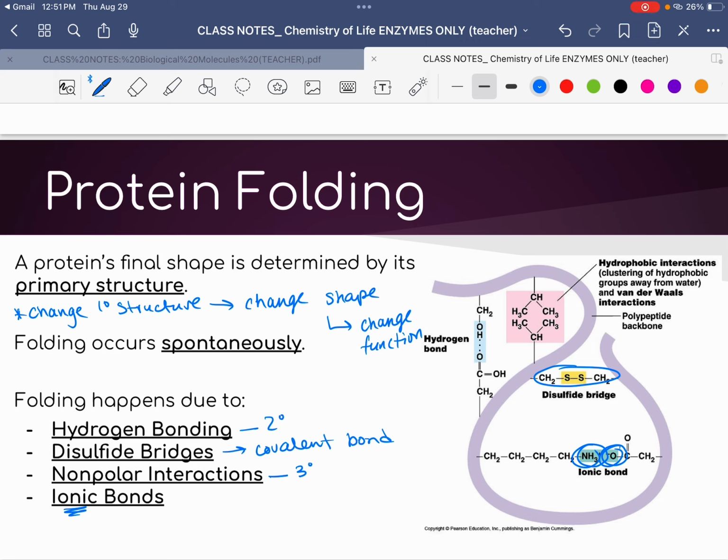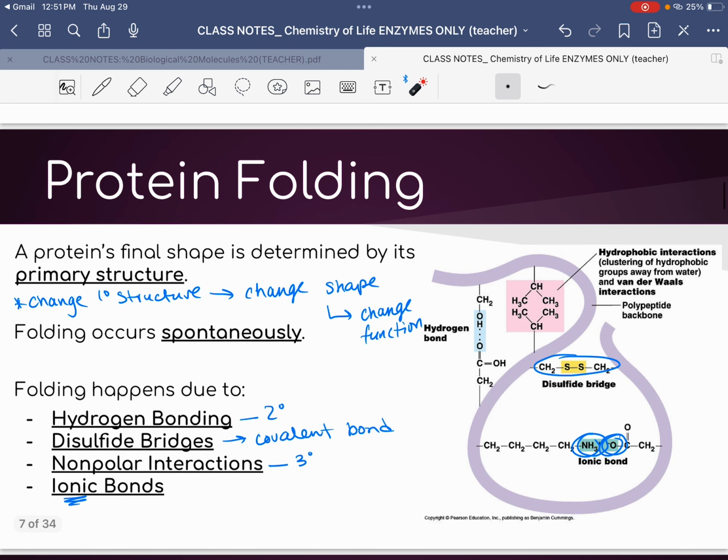And so if you change one of these amino acids, essentially you could ruin an ionic bond, or if you change this amino acid, you could destroy this disulfide bridge. Or if you put here a nonpolar amino acid, well, now hydrogen bonding doesn't occur. Or if you put a polar amino acid here, or three polar amino acids together, then this nonpolar interaction doesn't occur. So if we change the primary structure, we might change the shape and we might change the function. That's a really important concept.